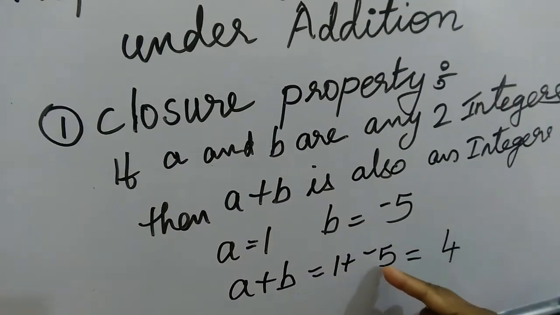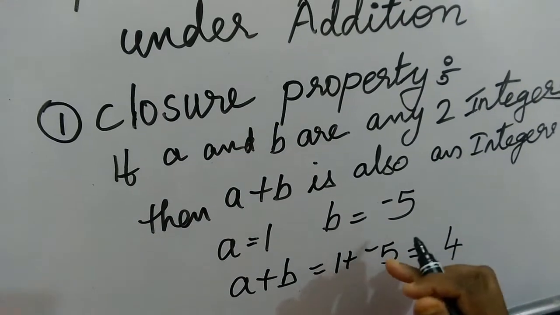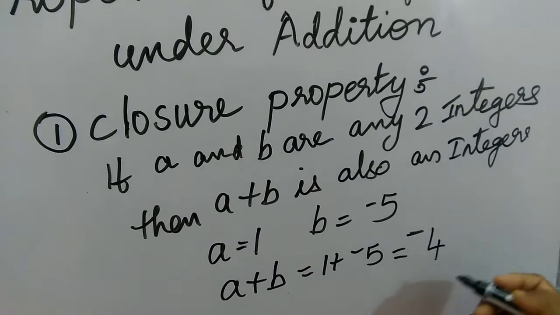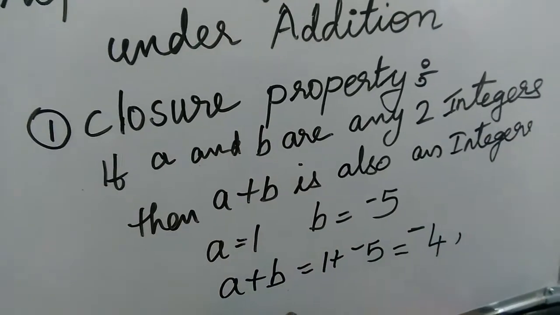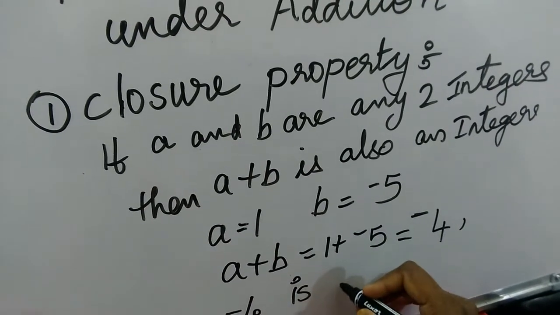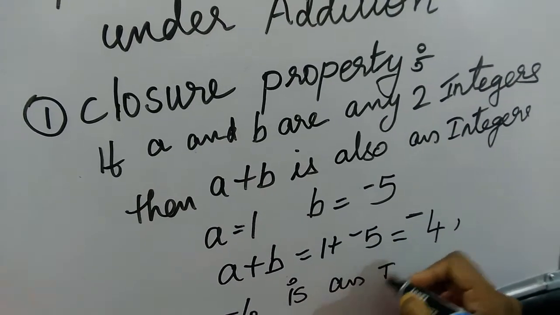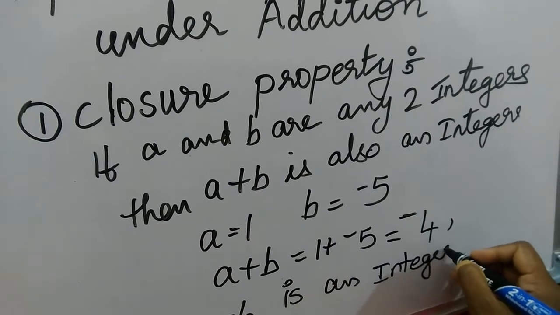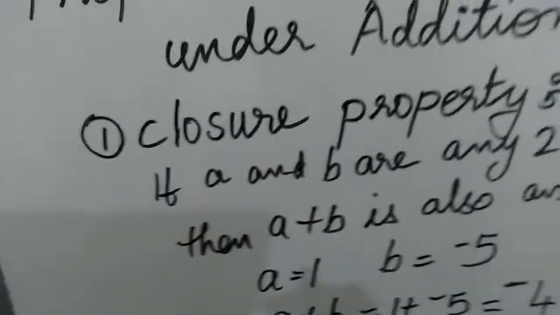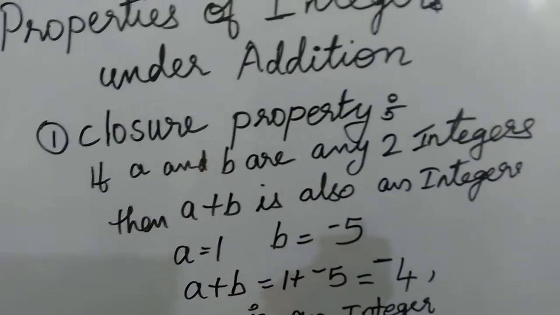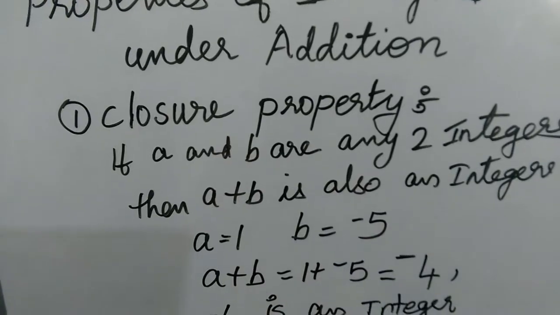What is the sign of the bigger number? 5. So that is negative. So we will get minus 4, and minus 4 is an integer. So our closure property is, if a and b are two integers, then a plus b is also an integer.